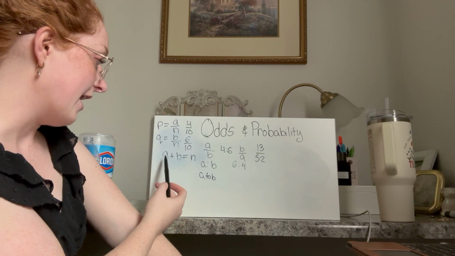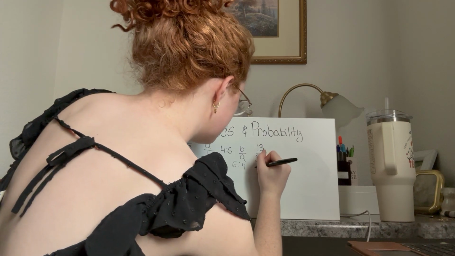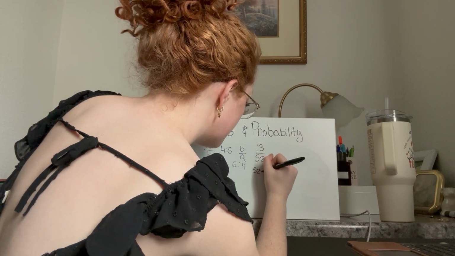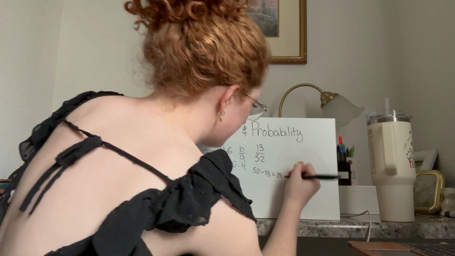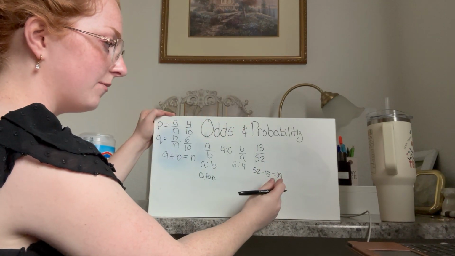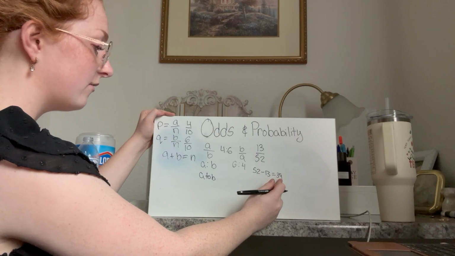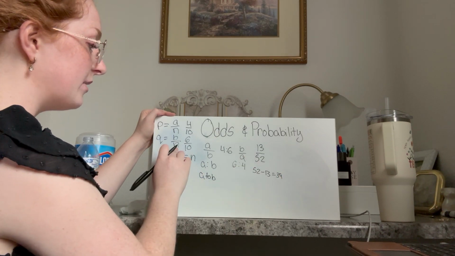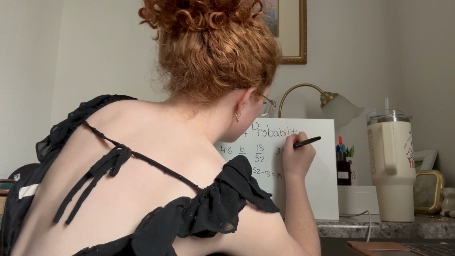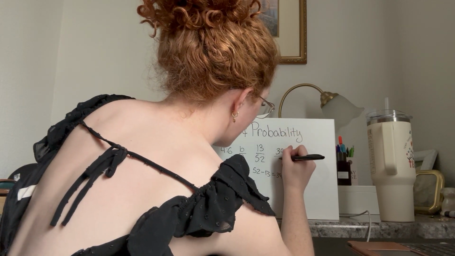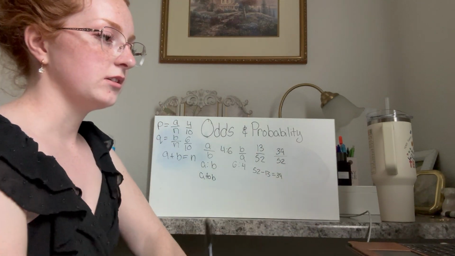N minus A is equal to B. So we can put 52 minus 13, which equals 39, is our B. And so we're trying to find the probability that the event will not occur, which is B over N. So we found our B, so 39 over N, 52. So those are the two probabilities that they asked us for, okay?